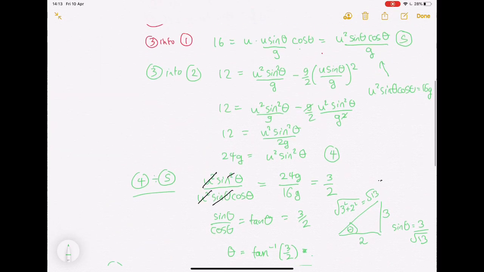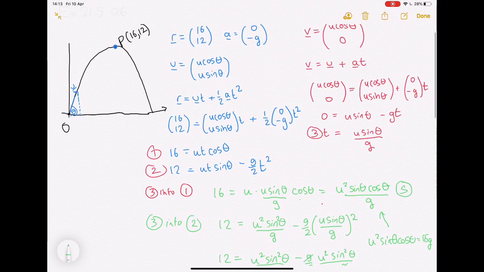So we know that the initial speed is about 18.4 meters per second, and the angle is theta equals tan inverse of 3 over 2.